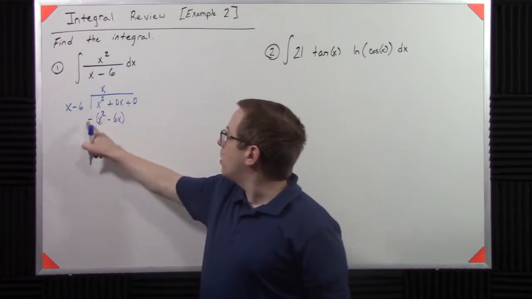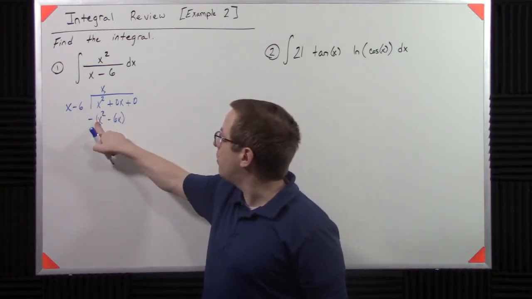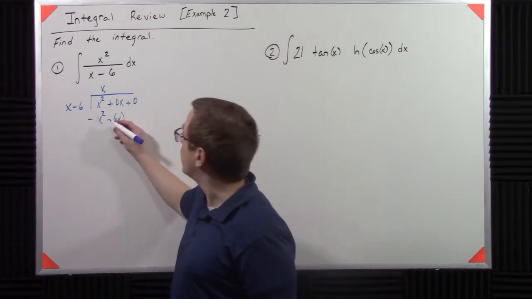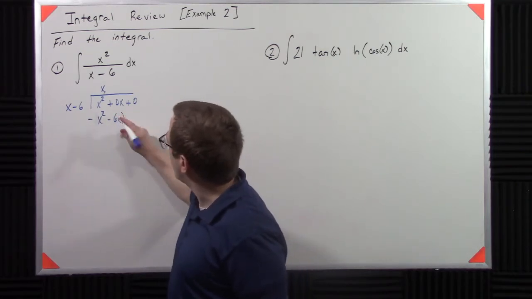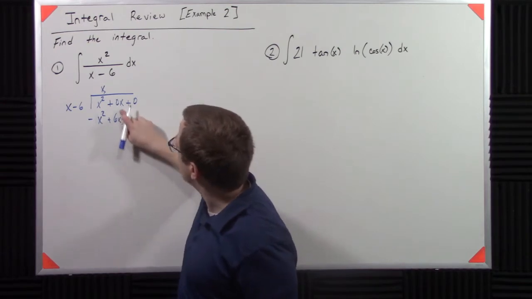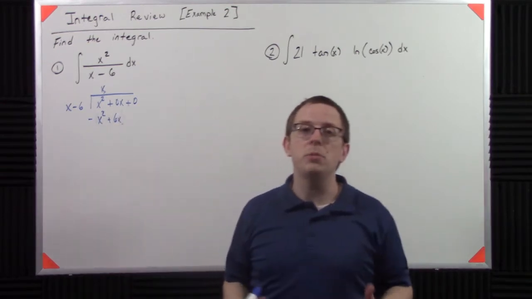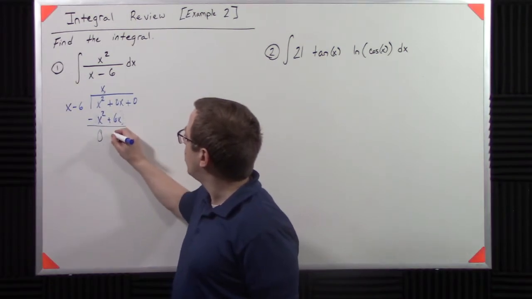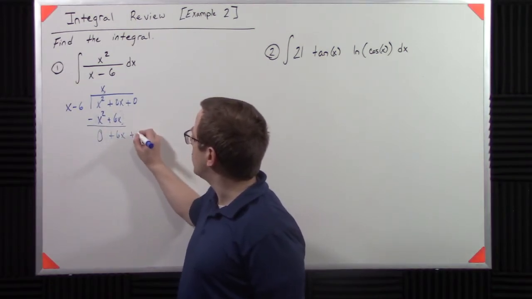If the negative is distributed, I get negative x squared, but a positive 6x, because a negative times a negative is a positive. So when I go down, I get 0 plus 6x plus 0.